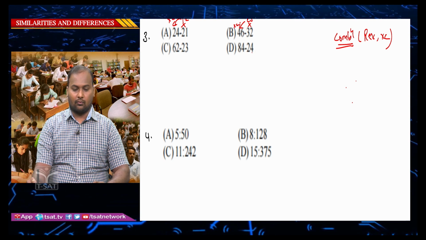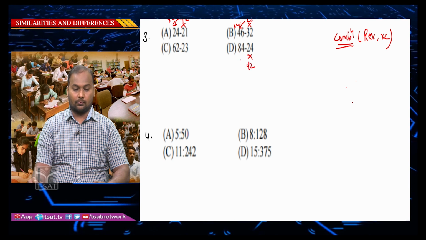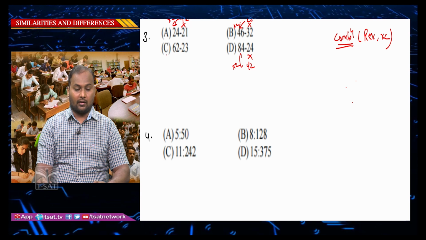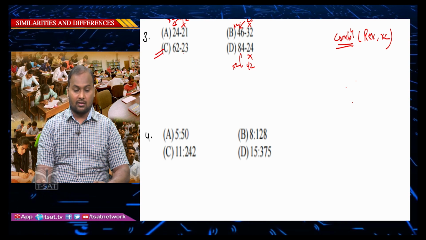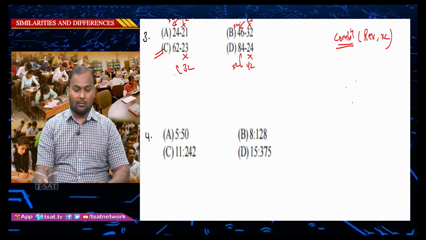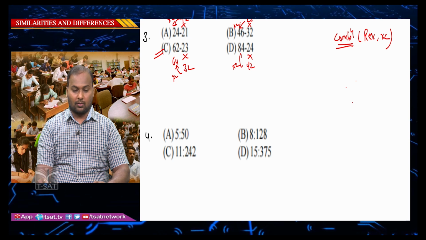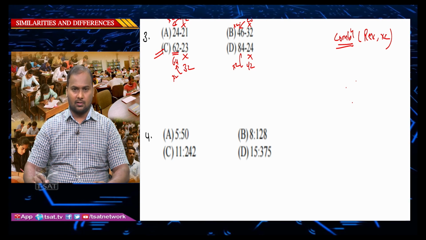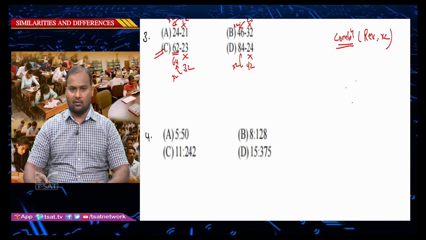In the same way you have 24; you reverse this 24 in option D, you will get 42, and again multiplied by 2, so 84. And finally, what will be the answer? Option C is the answer, because if you reverse this 23, you are going to get 32. Once you multiply the 32 by 2, what you are going to get is 64 but not 62. So the logic is not applied in option C. The similar logic is in options A, B, D, that is a combination of reverse and multiply.